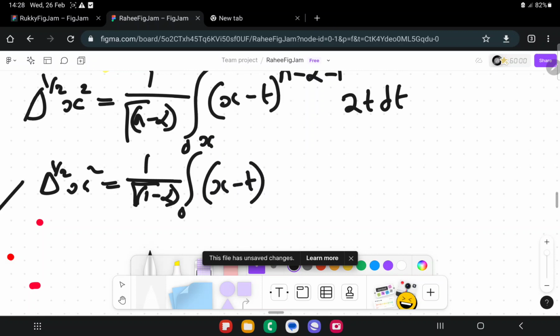Now when we substitute the value of our n, we have 1 minus half minus 1, then 2t dt.